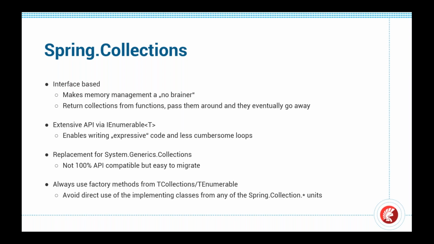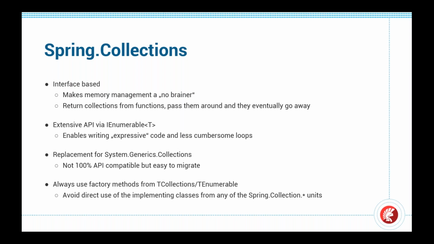While not 100% a replacement, it is meant as a replacement for System.Generics.Collections. So if you're using these and you might want to have some more advanced features on those collections, consider moving to Spring collections.